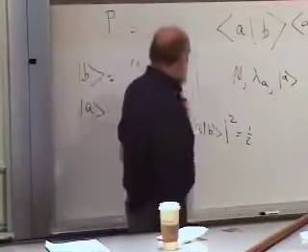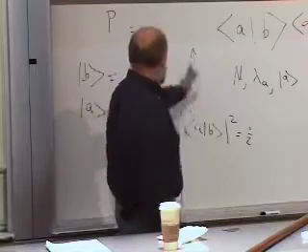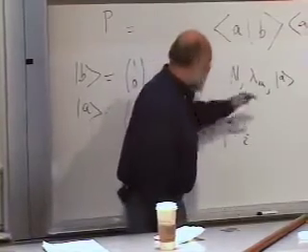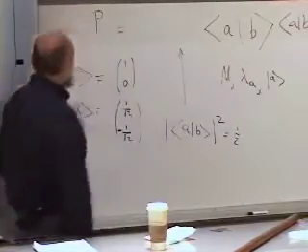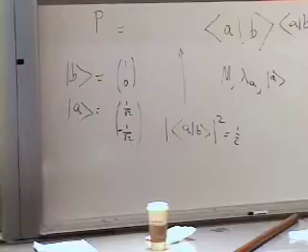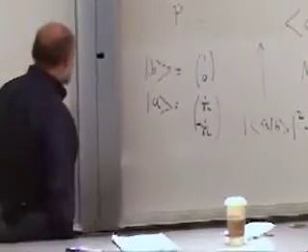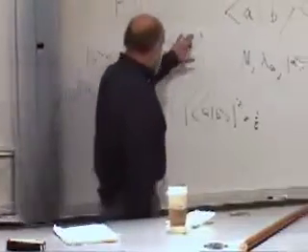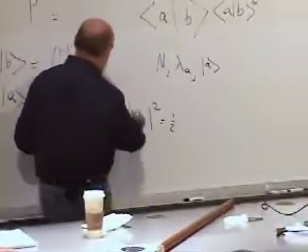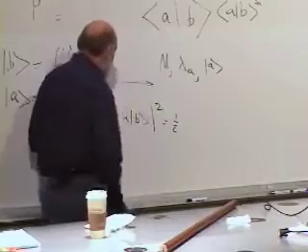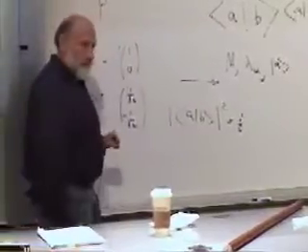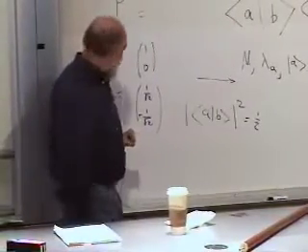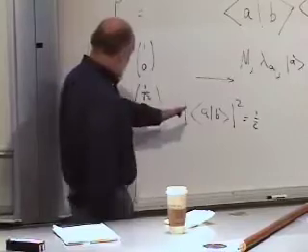Okay, so there's an example, and this is a characteristic example. You prepare a system with a spin vertically up, and it's measured in the horizontal direction. Let's do the opposite. We're going to get the same answer. This time we first prepare the electron horizontally, and we measure the vertical component. It's going to be the same inner product.